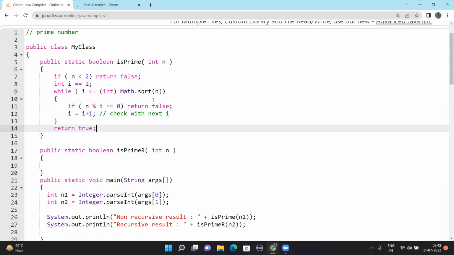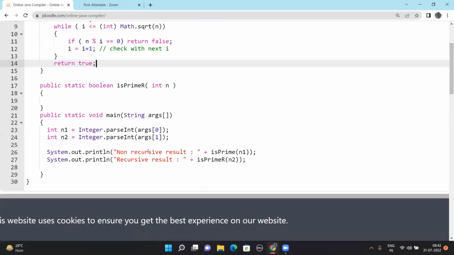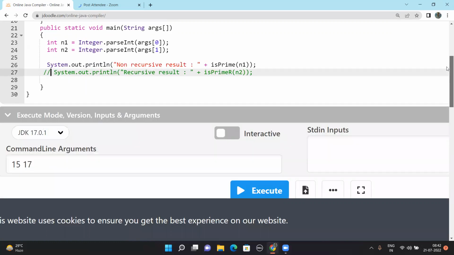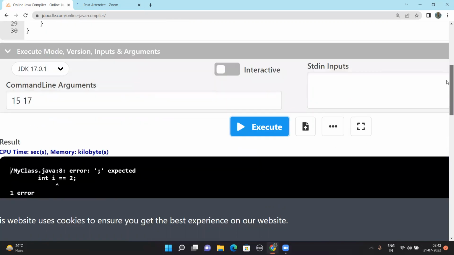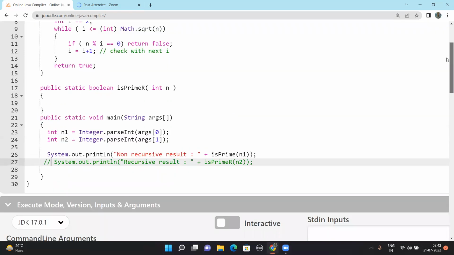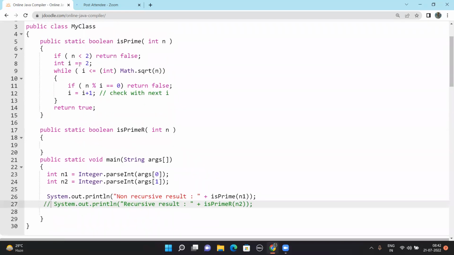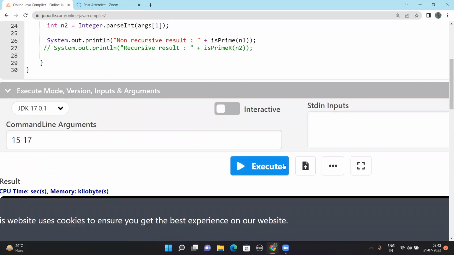Right? Now this is the non-recursive one. Let us check the result. Input is 15. So it should be false. Here i is replaced by 2, not identically equal to. Run it.